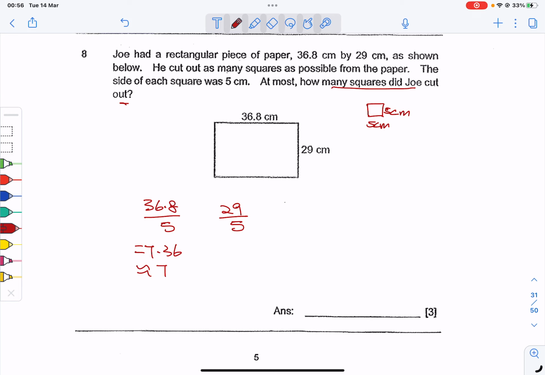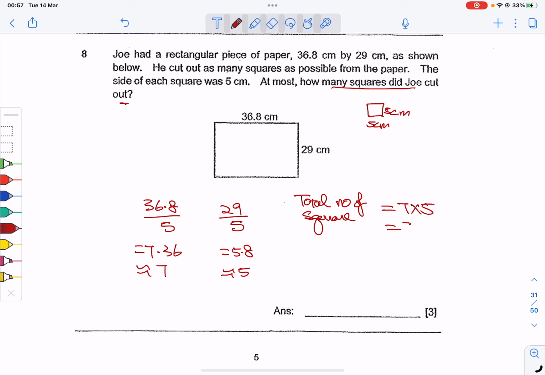Same for this, we will have 5.8 and we have to round down to 5. So total number of squares that can be cut up will be 7 times 5, 35. Okay.